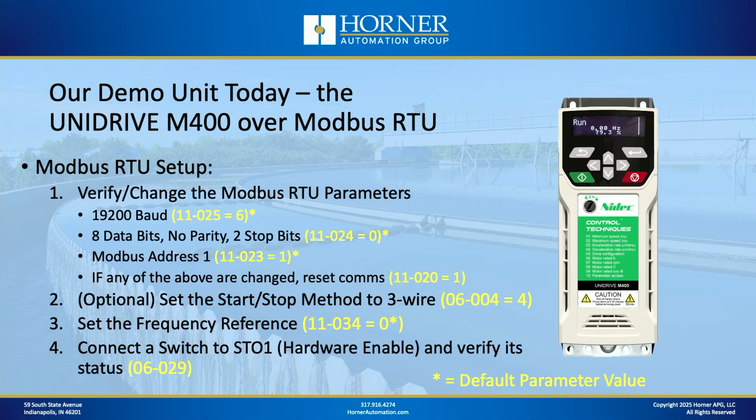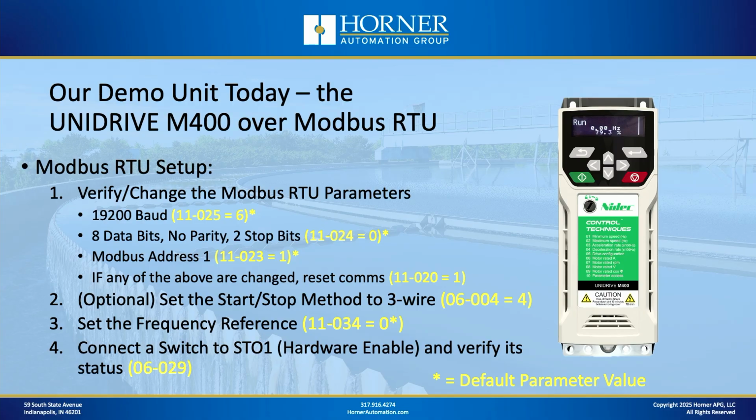So in this example today, we're going to leave the default parameters for the serial port pretty much alone. Those default parameters are 19200 baud, 8 data bits, no parity, 2 stop bits, and a Modbus address of 1. Now, of course, if you have multiple drives connected to a single PLC, they're each going to have a unique Modbus address. So at the very least, you'd have to change the Modbus address parameter on the individual drive so they have a unique address.